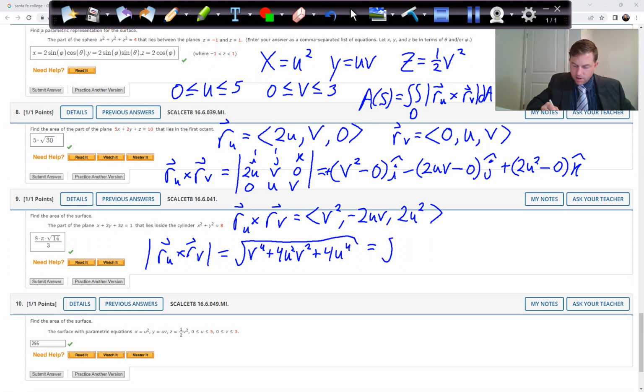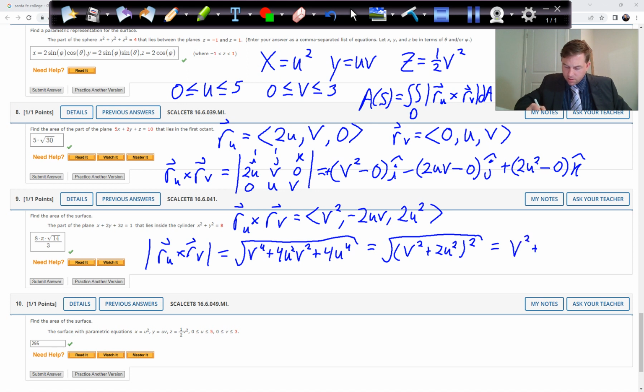But this can be written, if you look very carefully, as v squared plus 2u squared, squared. So it just so happens that this thing can be factored into a perfect square, v squared plus 2u squared. If you were to FOIL that out, you would get back to these three terms. And this square and this square root will cancel, and you're left with v squared plus 2u squared.